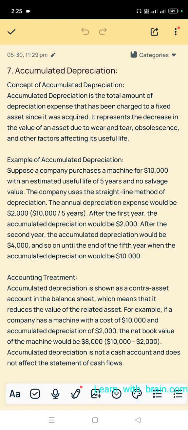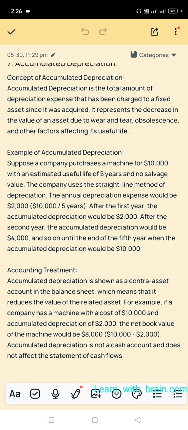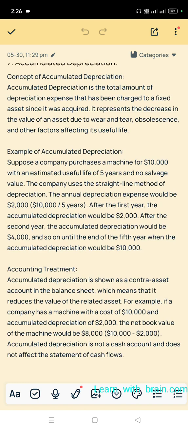The company uses the straight line method of depreciation. Now what is the amount of depreciation per year? The annual depreciation expense would be 10,000 by 5 years, because no salvage value.